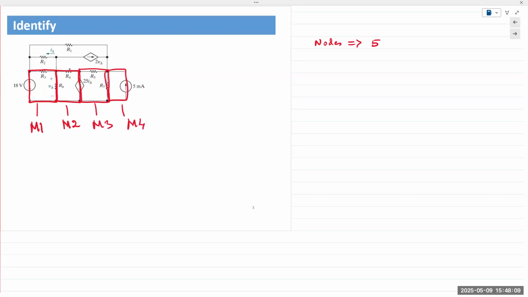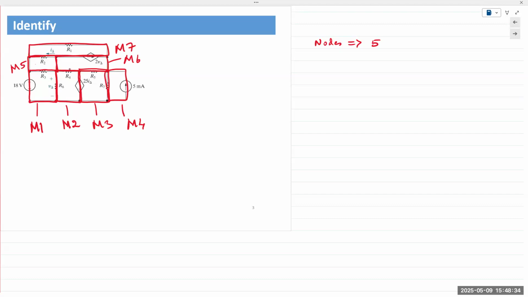That's mesh 4. Mesh 5. Mesh 6. And mesh 7. Each of these meshes is a closed loop, but it does not have any other loop inside it.